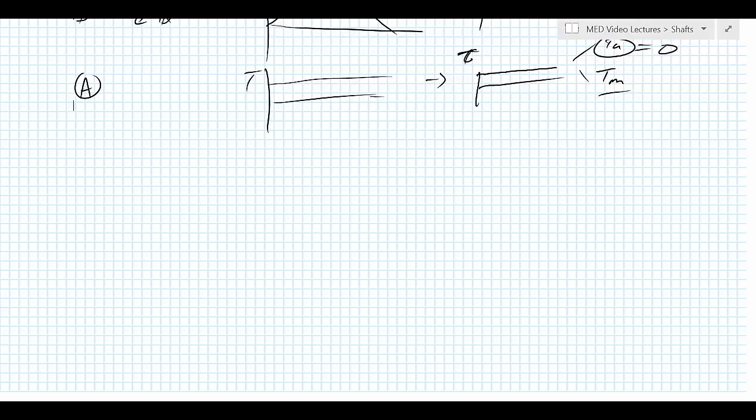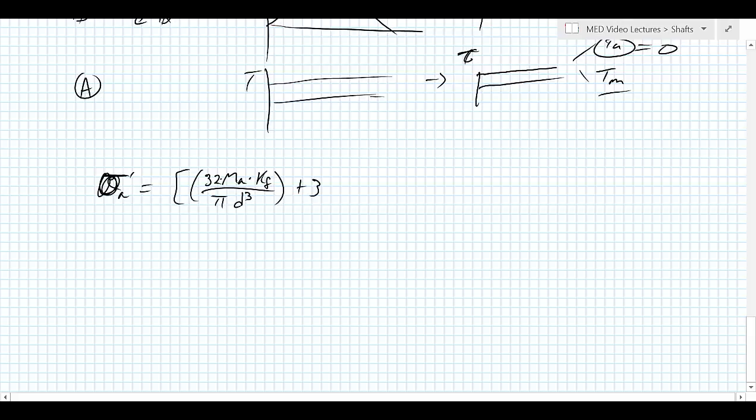So if we were to think about our von Mises form, let's just look at the amplitude for now, and think in terms of the bending moments that we have and the torques. What we would see is we could say 32 times the amplitude portion of the bending moment, and this is of course assuming a round solid shaft, whatever stress concentration they have, and then pi d cubed.